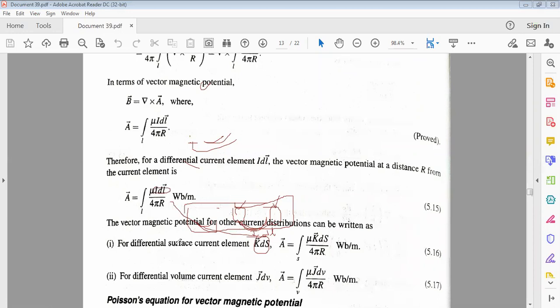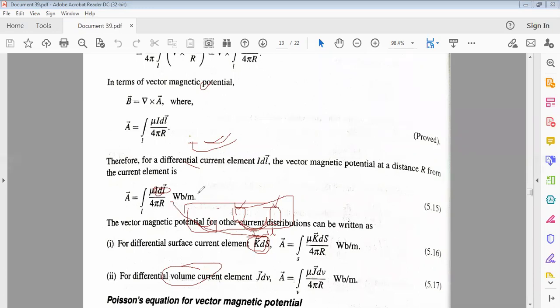For the differential surface current, mu into KDS by 4 phi r. When we consider a volume current, mu into JdV by 4 phi r.